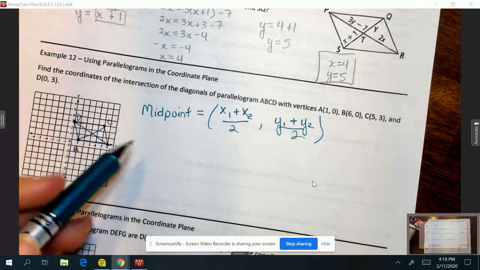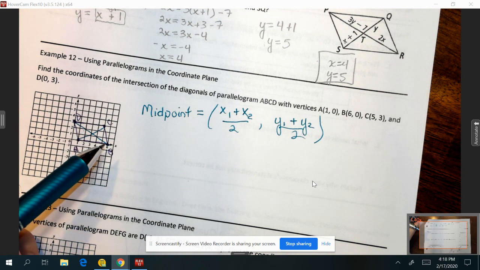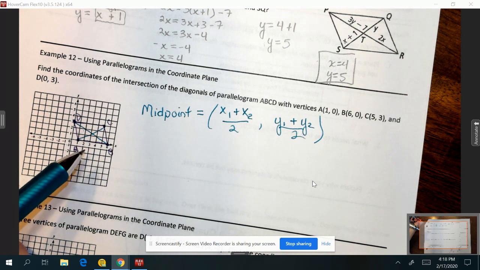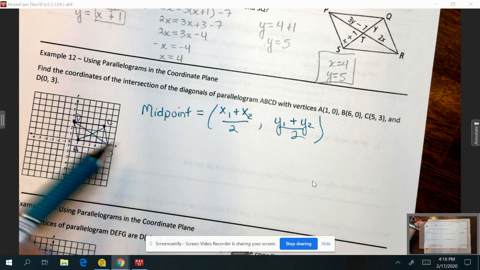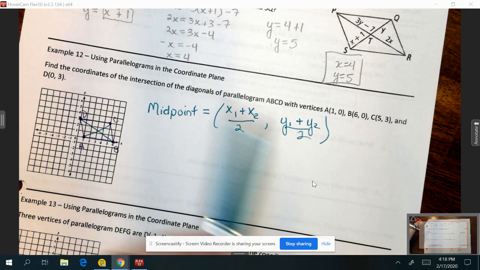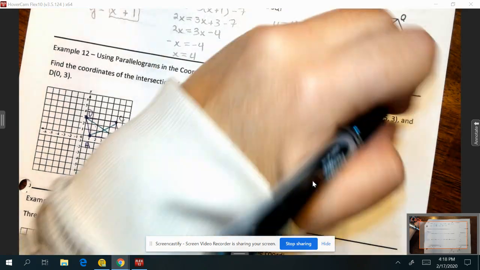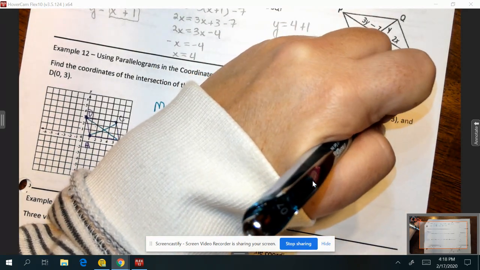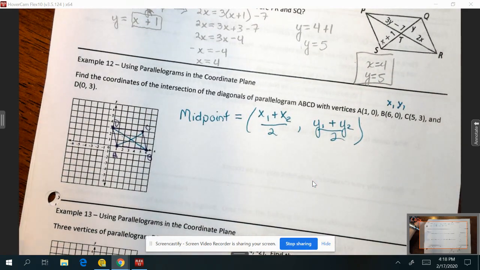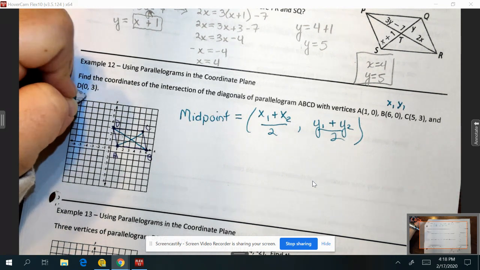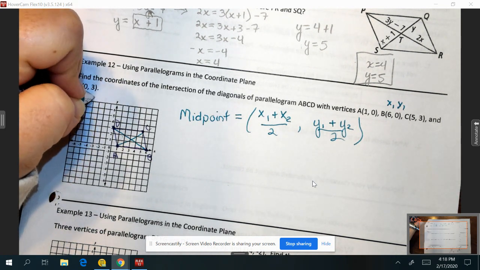Okay, then you just choose your favorite between the two diagonals. I like B and D because they both have zeros in them, and that makes life much easier. So if I use B and D, B will have the x1, y1, and D will be x2, y2.